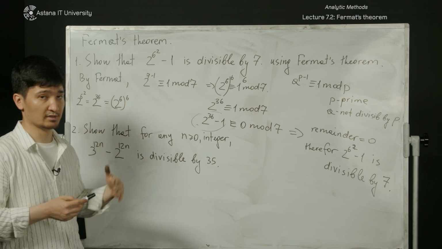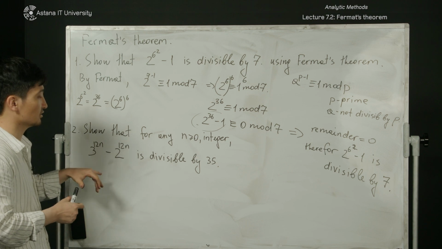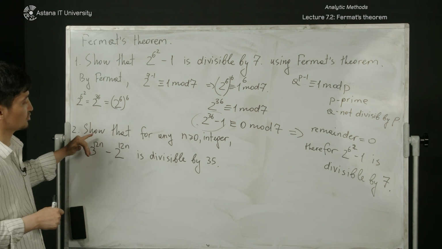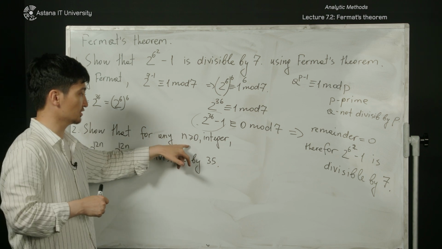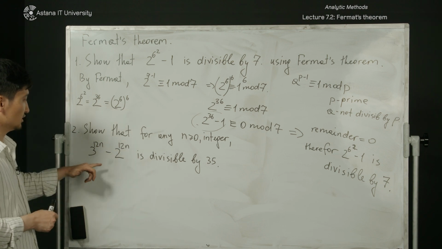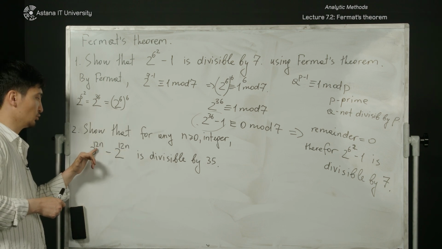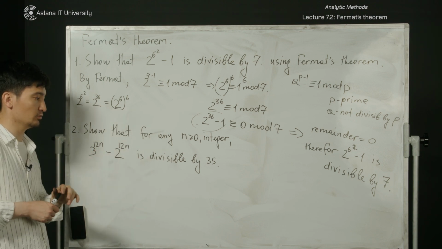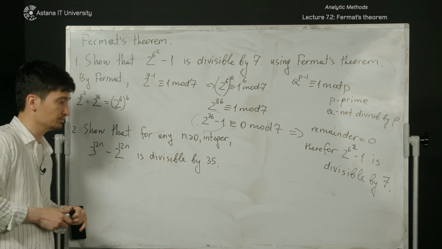Now this problem is kind of easy. Now let's consider a little bit more difficult one. Okay, so show that for any non-negative integer n, this expression 3 to the power of 12n minus 2 to the power of 12n is divisible by 35.